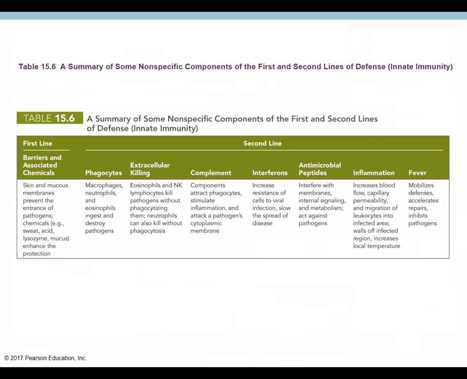But this is very nonspecific, and by nonspecific it means that it can work against all kinds of things, all kinds of different bacteria, all kinds of different viruses. It would be the same things happening no matter what the pathogen is.